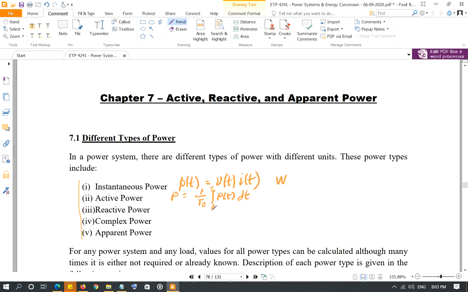So you calculate area under curve over one cycle of that periodic function of time and divide the whole thing by the time period. It is equivalent to as if you have discrete numbers and you want to find out the average value of those discrete numbers, you add all the numbers and divide that sum by the total numbers. So if you have 3 numbers, you add all 3 numbers and divide by 3, and that gives you the average value.